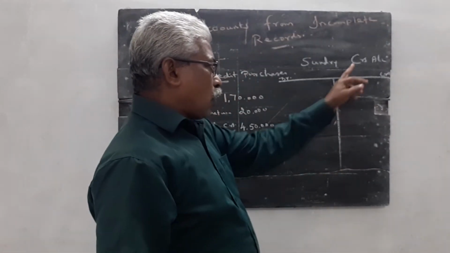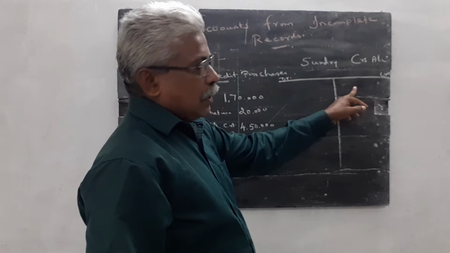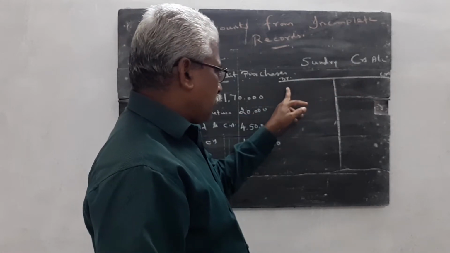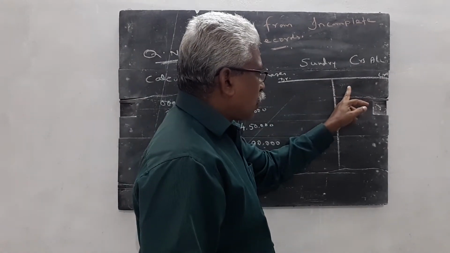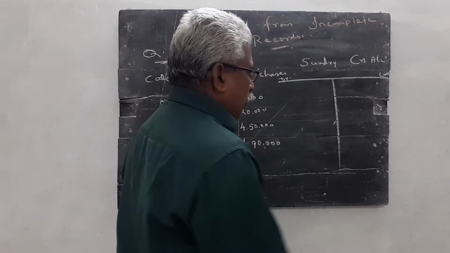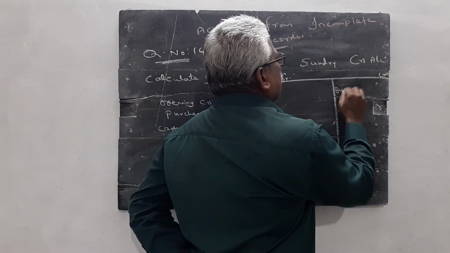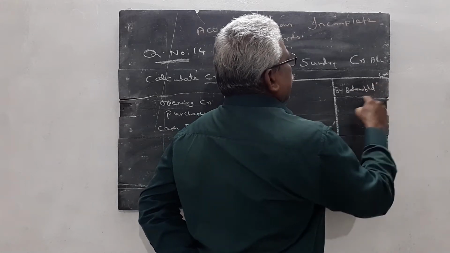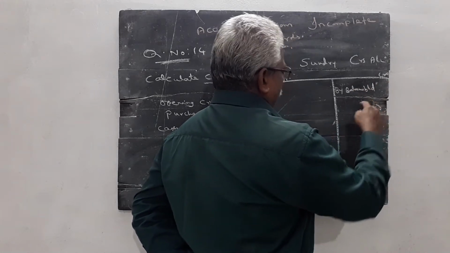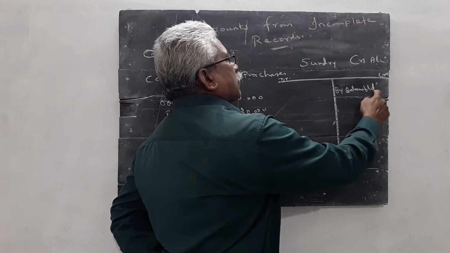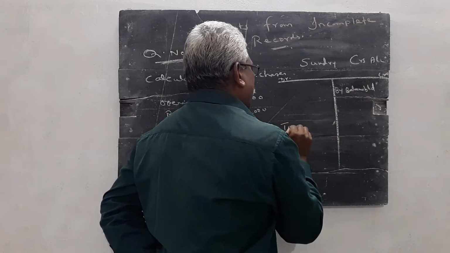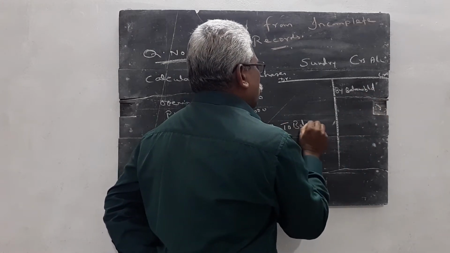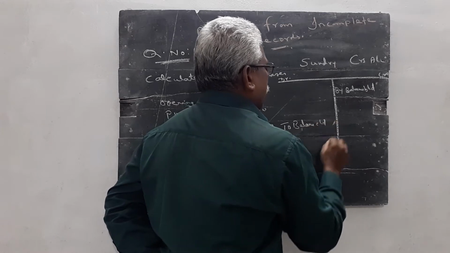Creditors account starts with credit side. Debtors account starts with debit side. So by balance brought down is entered in the credit side. Then automatically we write to balance carried down here.